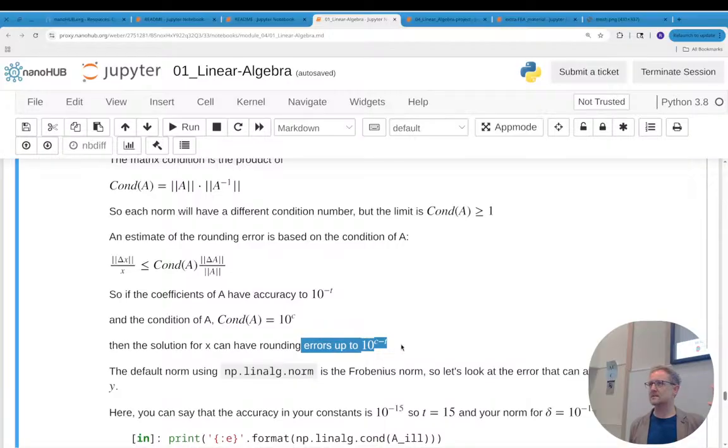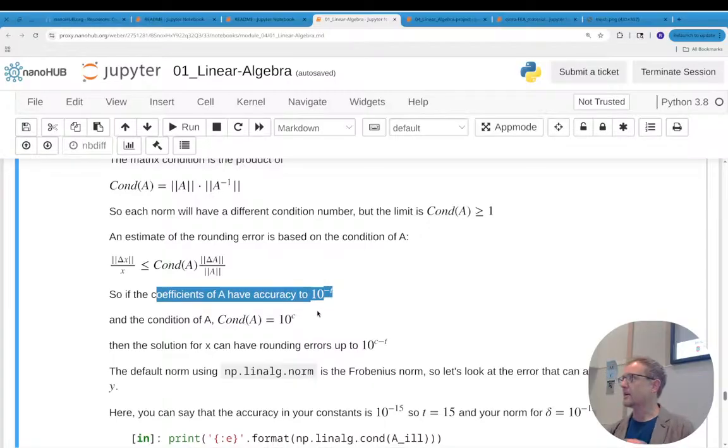So that one we have. It's like 10 to the 17 and 10 to the, I don't know, whether you want to call it 10 to the 0 or 10 to the 1 or 10 to the 2. It's halfway between the two. But then T is how accurate everything is.